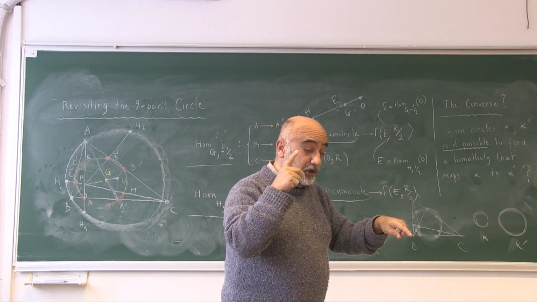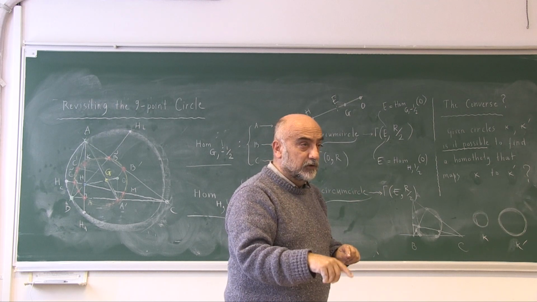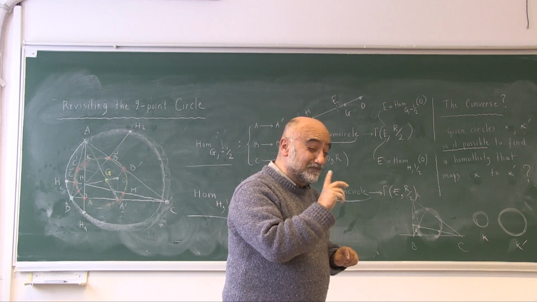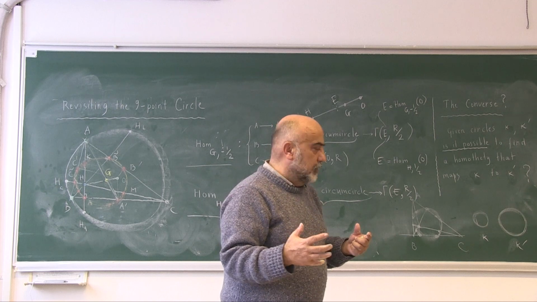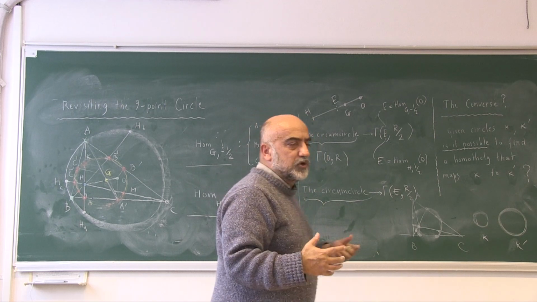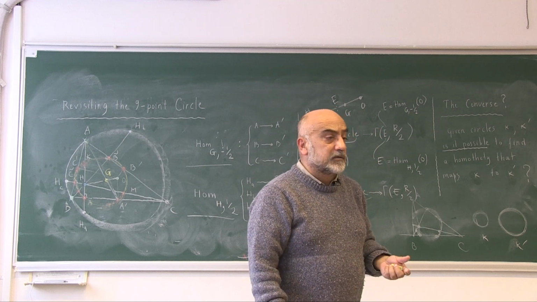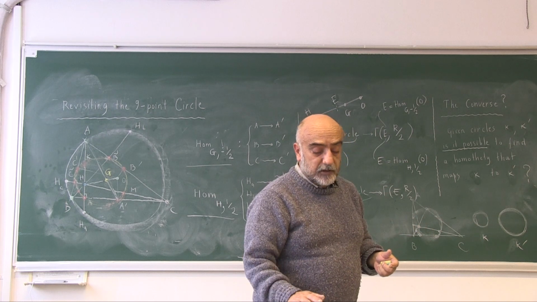Center G, ratio of similitude -1/2, center H, ratio of similitude 1/2. Okay? So if you do them both, you can see from the elementary geometry of the circumcircle of a triangle that these 9 points are on it, and that's the big picture behind the whole thing.